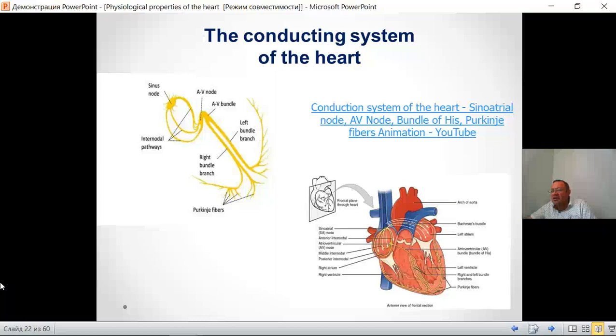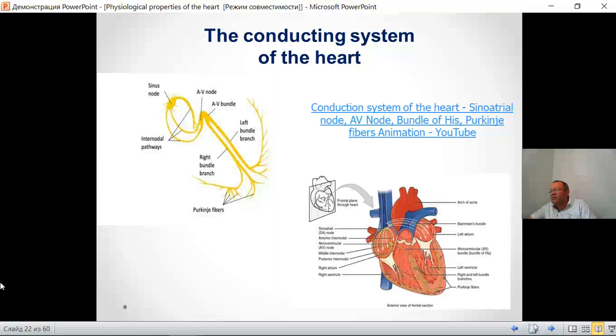The sinoatrial node spontaneously generates electrical impulses which are transmitted to the right and left atrium. These electrical impulses stimulate the atrial myocardium to contract. Atrial muscles conduct relatively fast, 0.5 meter per second.